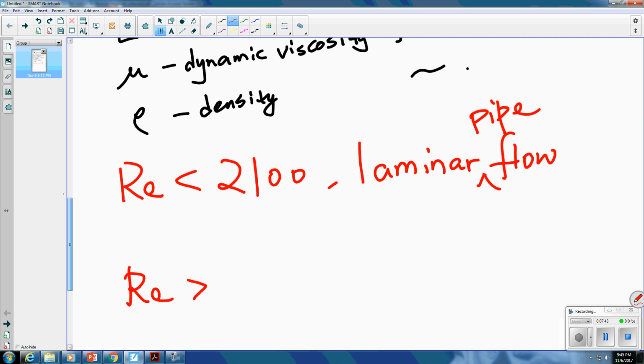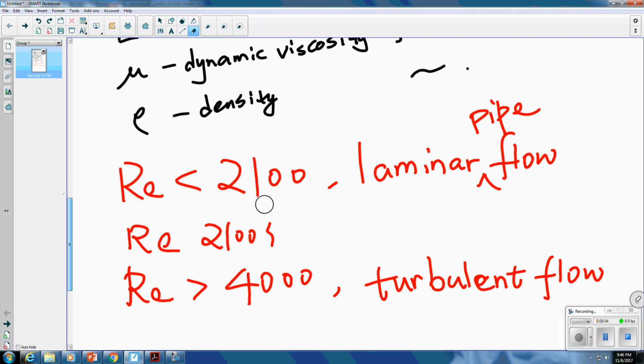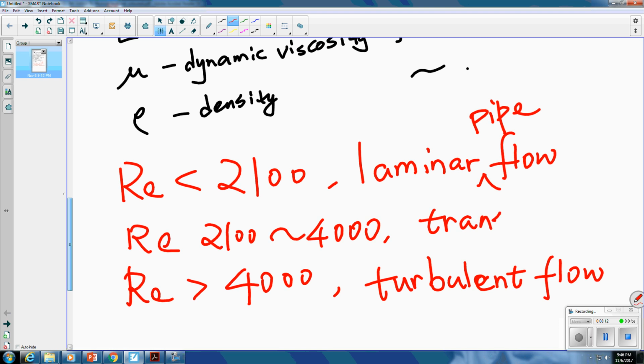With Reynolds number higher than 4000, we say that is turbulent pipe flow. And Reynolds number in between 2100 and 4000, this is transition.